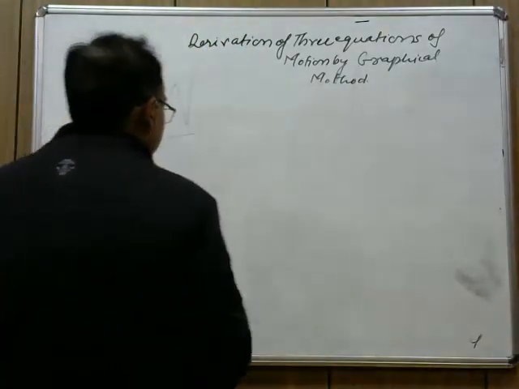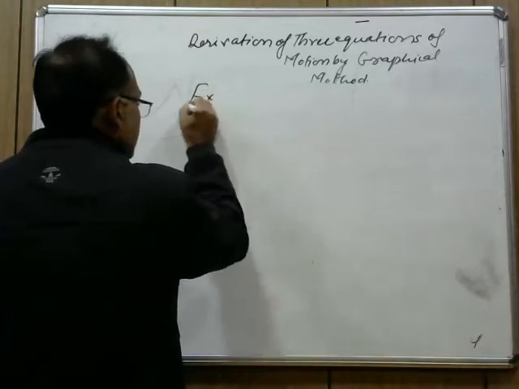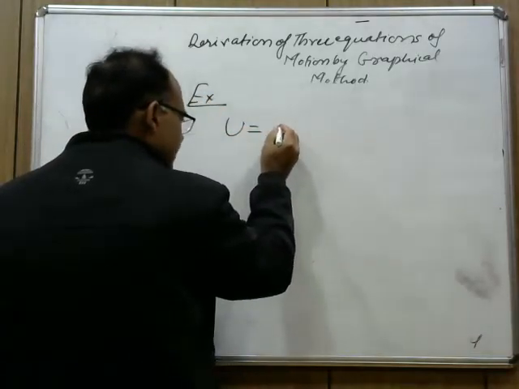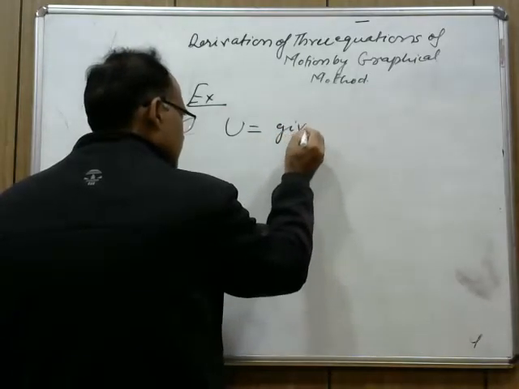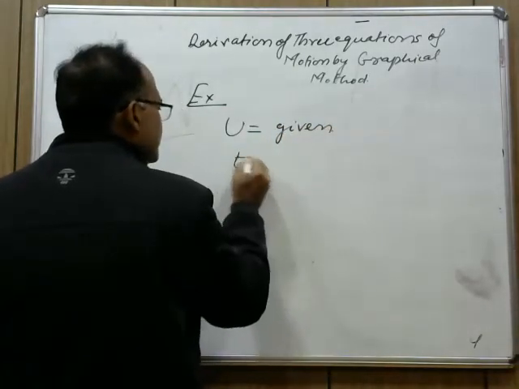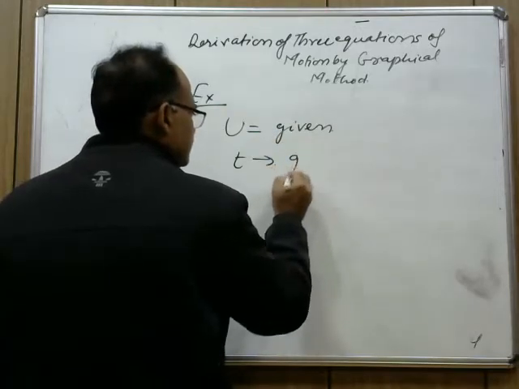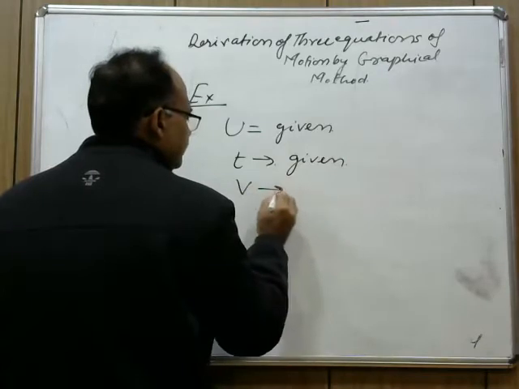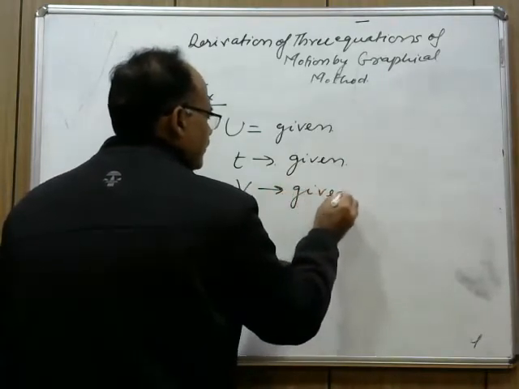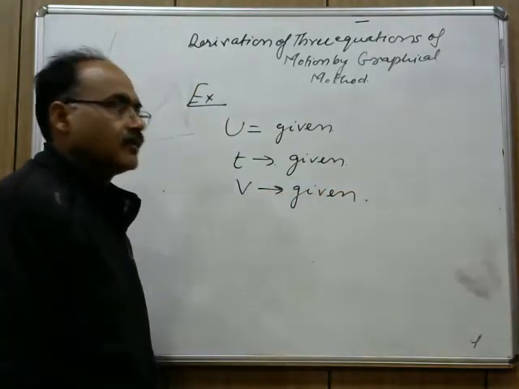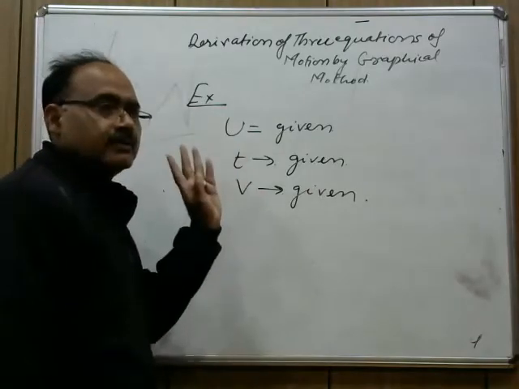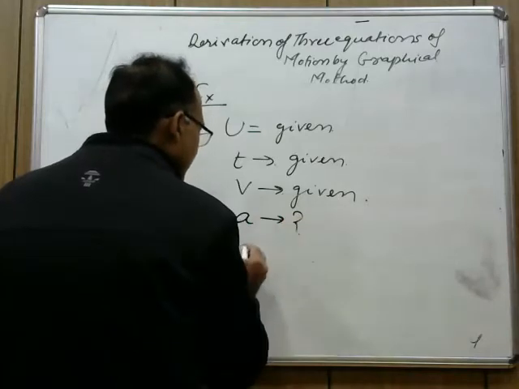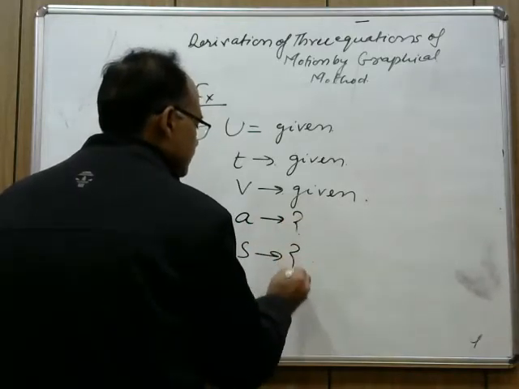For example, if initial velocity u is given, time is given, final velocity v is given. These quantities are given. Now acceleration is asked and displacement s is asked.